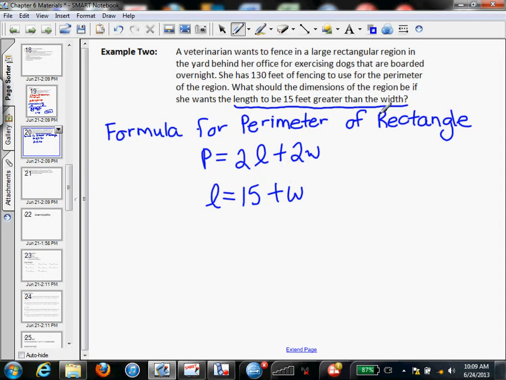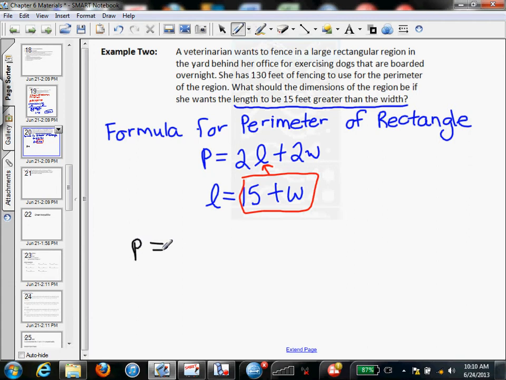That's what this statement underlined in blue means. So what we can do now is plug 15 plus W, what we want the length to be, in for L, and solve for what the perimeter will be. So we're going to take this piece of knowledge and plug it in for L.